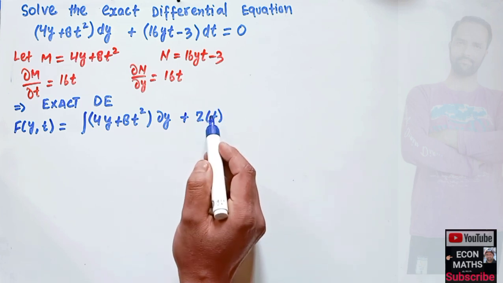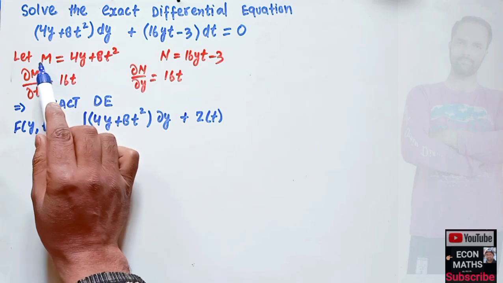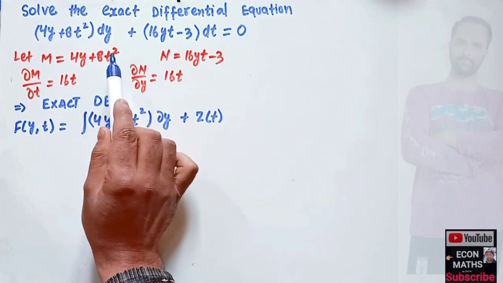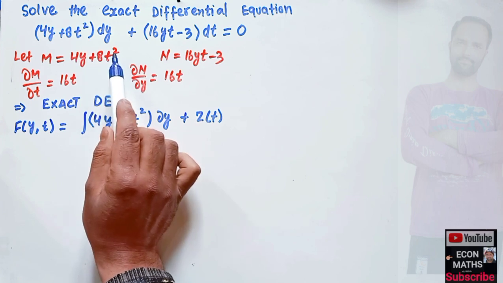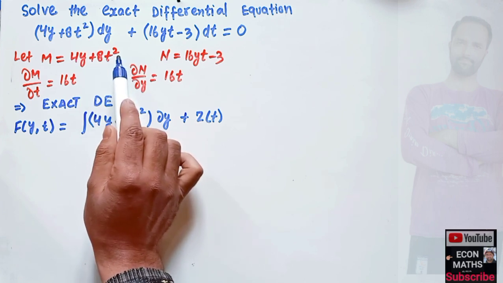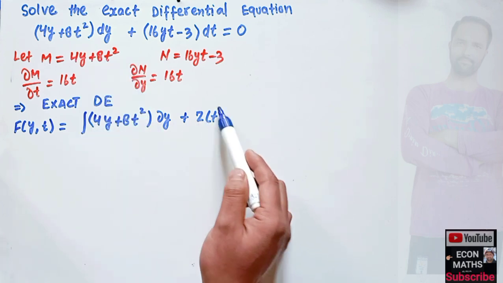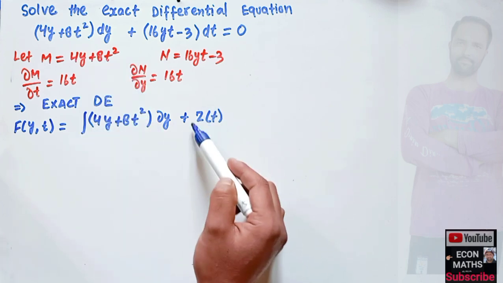This is added because when this M function was differentiated with respect to y, the t terms would have vanished. When we integrate, we have to add an additive term that will encompass all t terms.